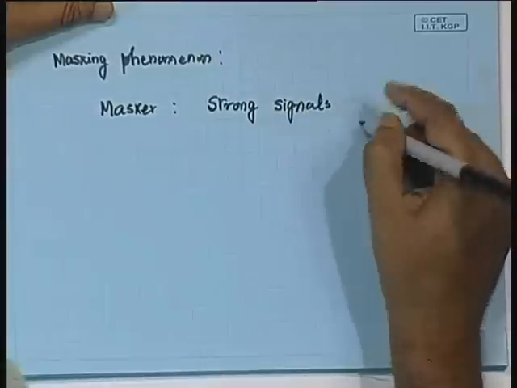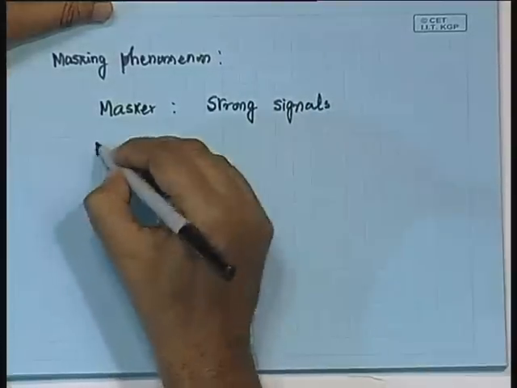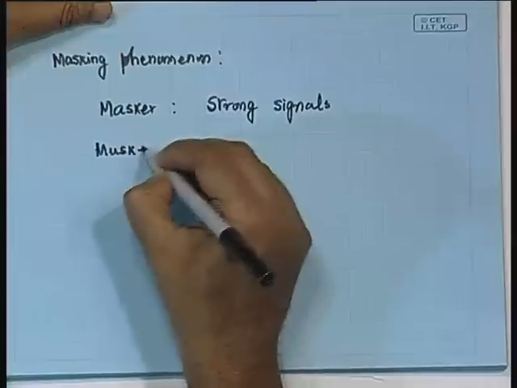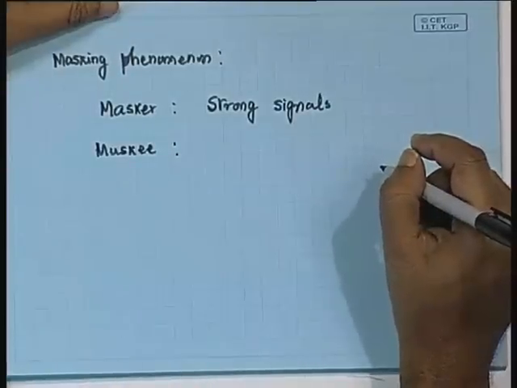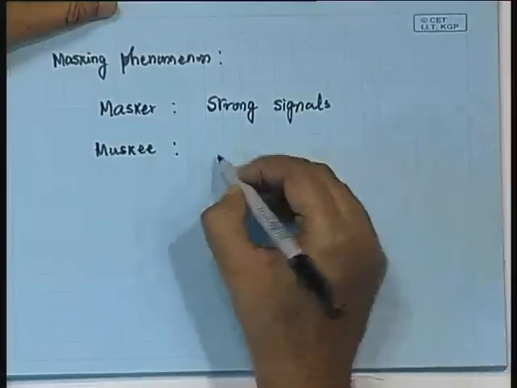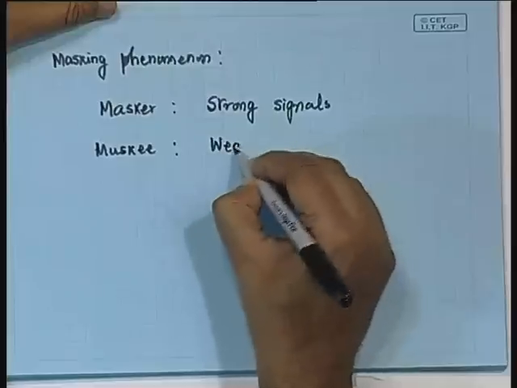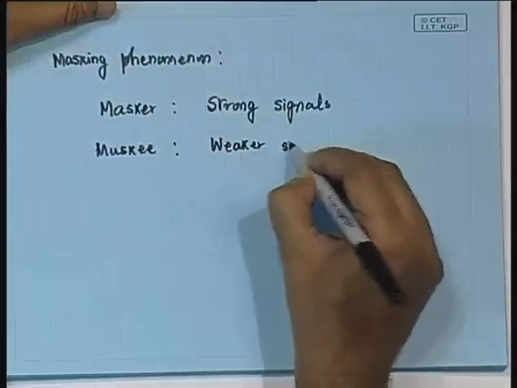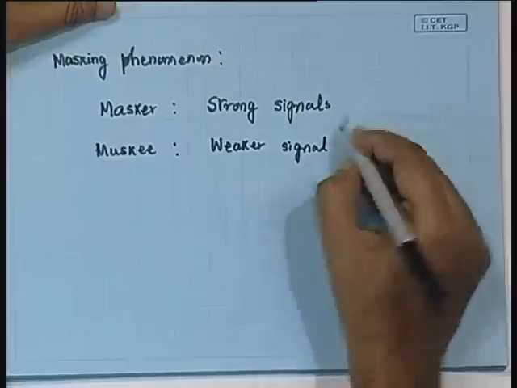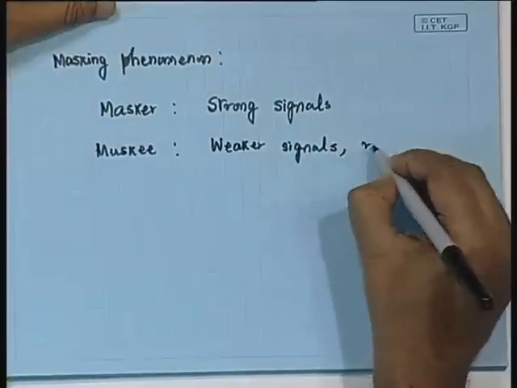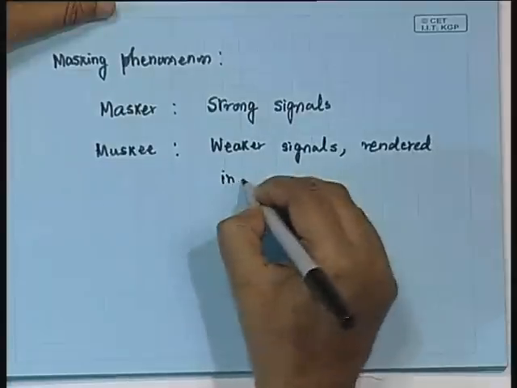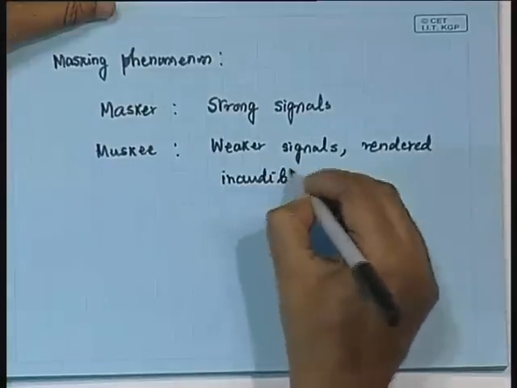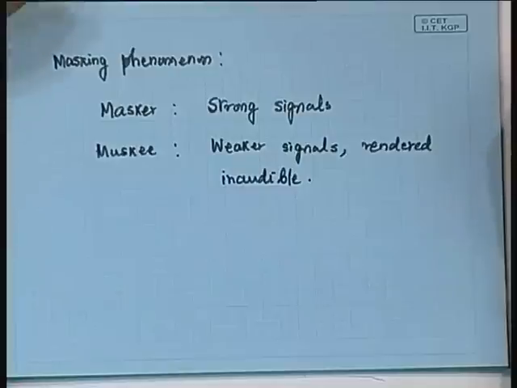The signals that get masked, or rendered inaudible, are referred to as maskees. Maskees are the weaker signals in the vicinity of the maskers, which are rendered inaudible, or masked off. And this is a very interesting effect.